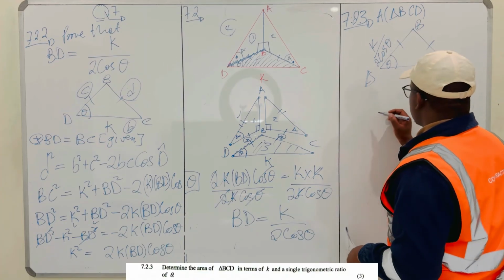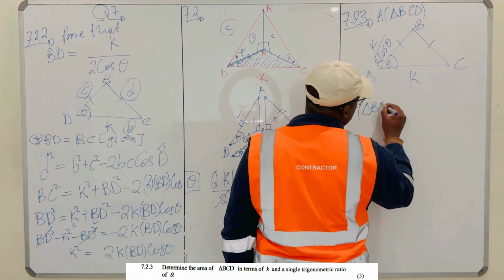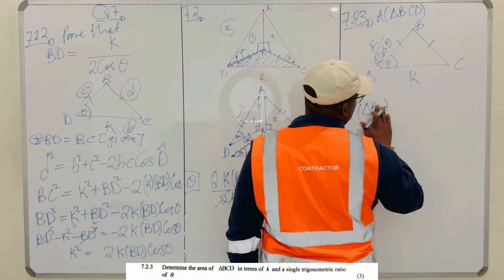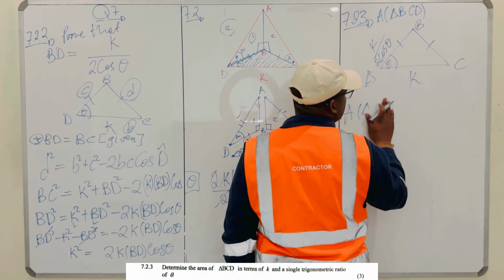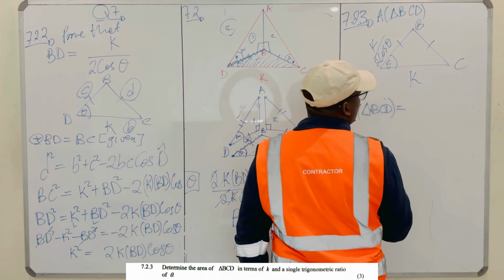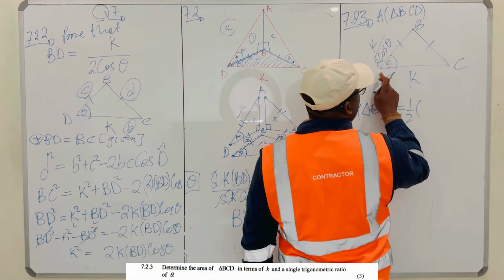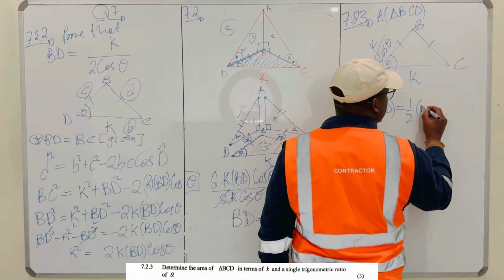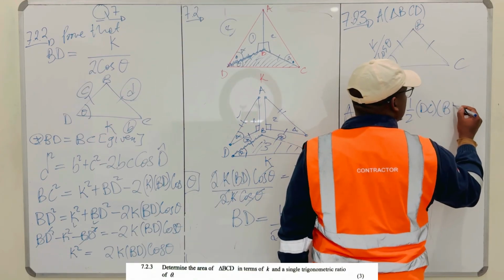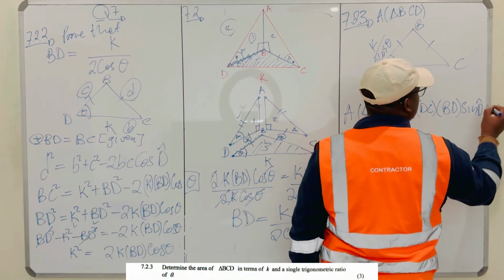So if you want the area of triangle BCD, the area of triangle BCD is equal to half of DC times BD times the sine of the included angle, which is sine angle D.